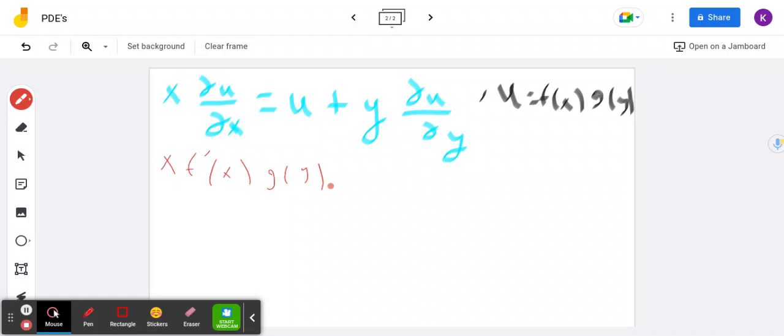And then u is just f of x times g of y, and then y is just y, times the partial derivative with respect to y, which becomes y times g prime of y, times f of x.